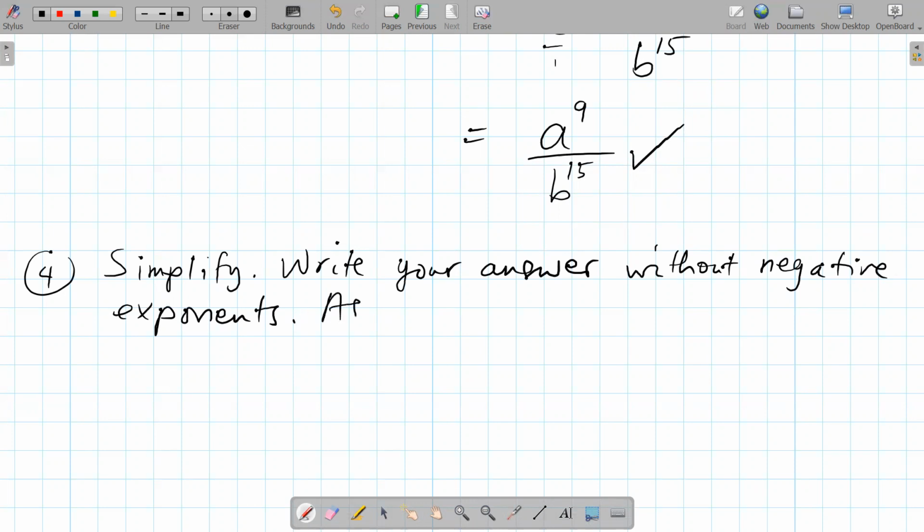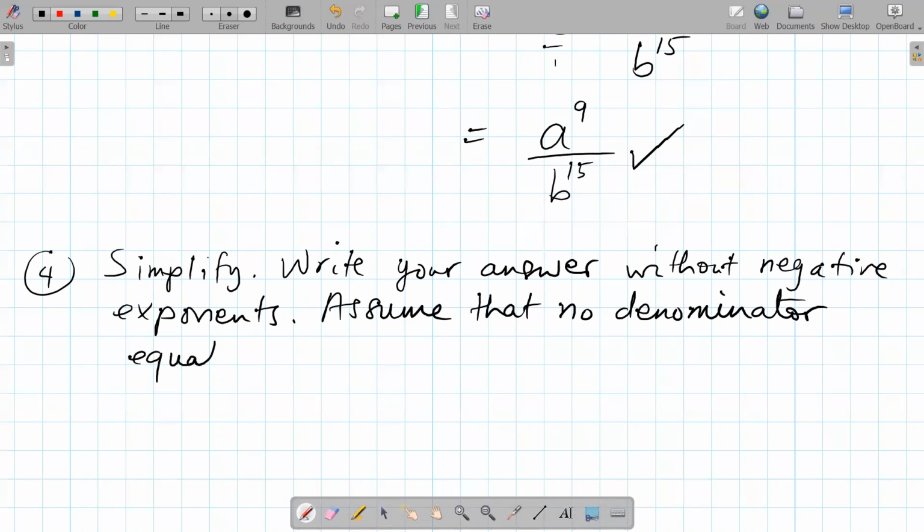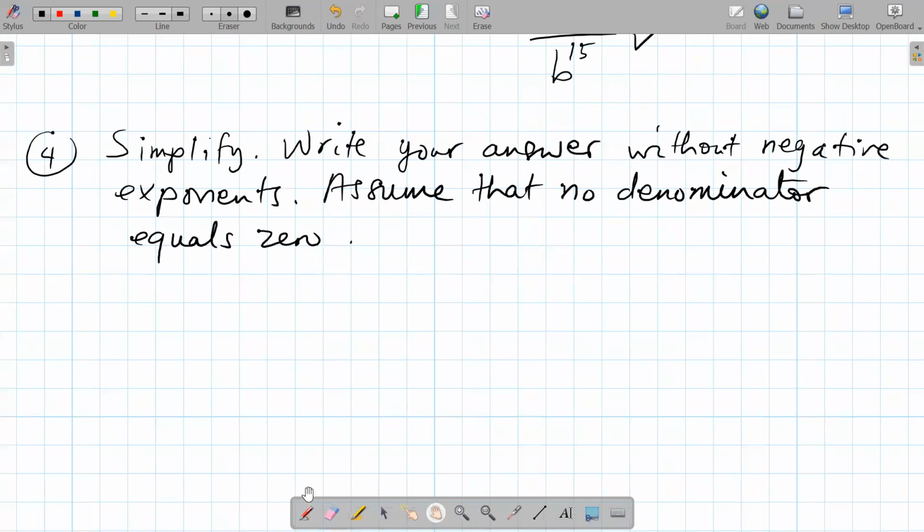And then it says, assume that no denominator equals 0. Okay. So read it carefully.